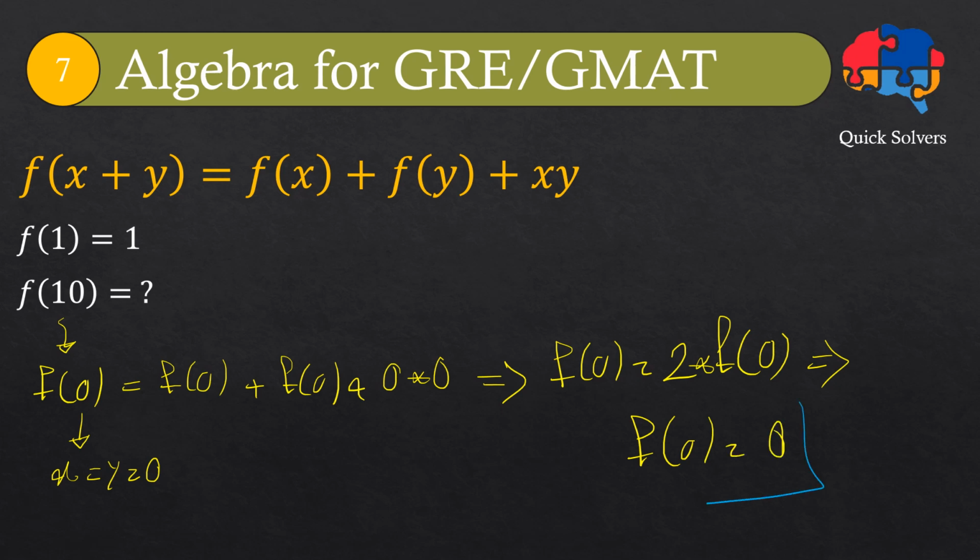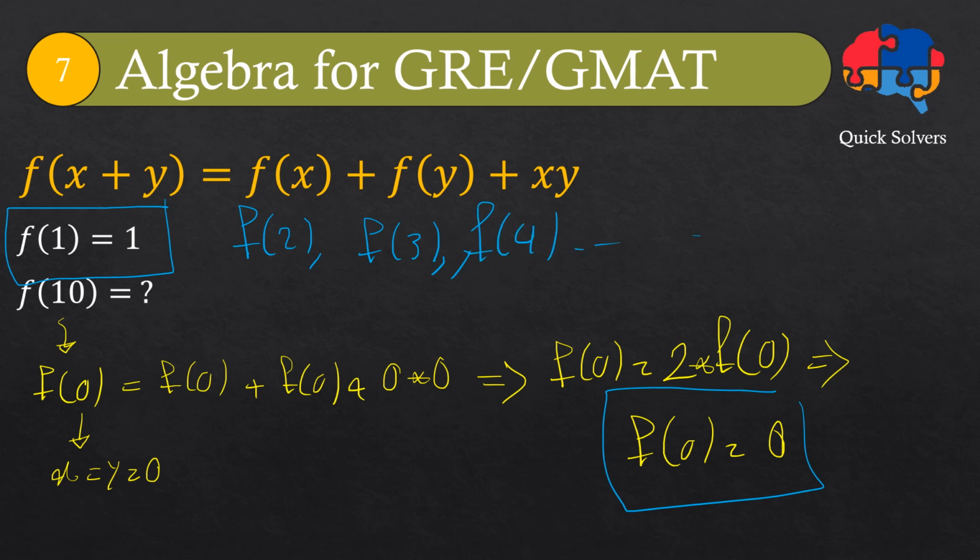Then using this as the basis, we try to find f of 2, f of 3, f of 4, and then all the way down to f of 10. This is the first solution that comes to mind, and this works. This is a good solution, of course, when this number here is a small number.